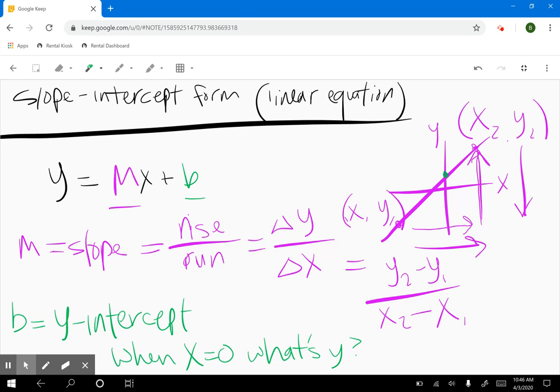If we want to put it into coordinate points, our x will always be 0 for the y-intercept, and then you'll have whatever number y is when x is 0. So there's the gist of the slope-intercept form.